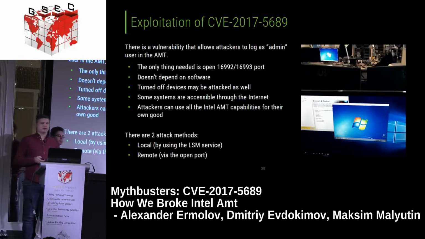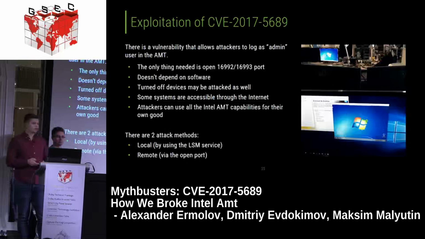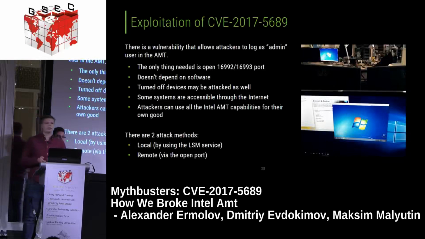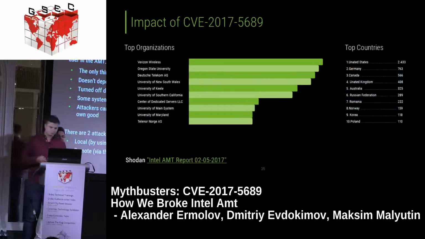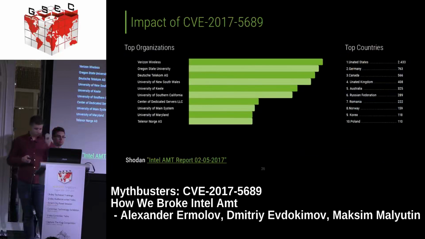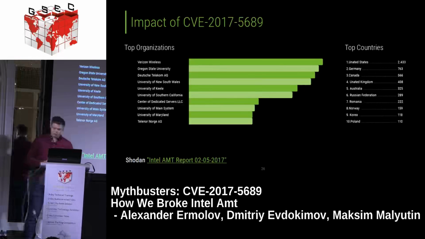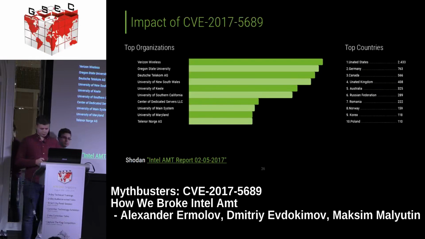The general idea is that attacker possibilities and Intel AMT capabilities are the same thing. Especially, they can use the Intel AMT functionality to achieve their malicious purposes. So what about impact? According to Shodan, as of May 2nd, there were 6,378 available IPs with Intel AMT.